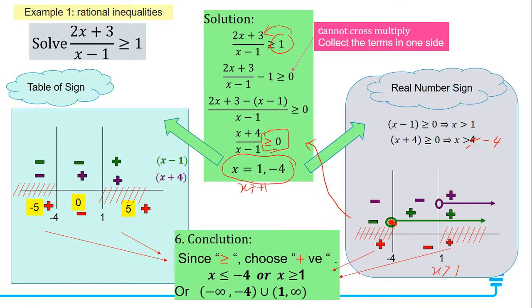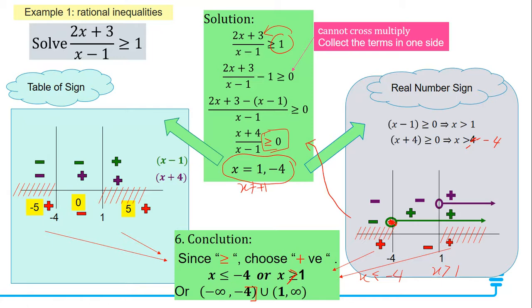And x is less than or equal to -4. So the answer is x less than or equal to -4, or x greater than 1, which is (-∞, -4] union (1, ∞). This is by real number sign. If we want to use table of sign, it's the same thing.